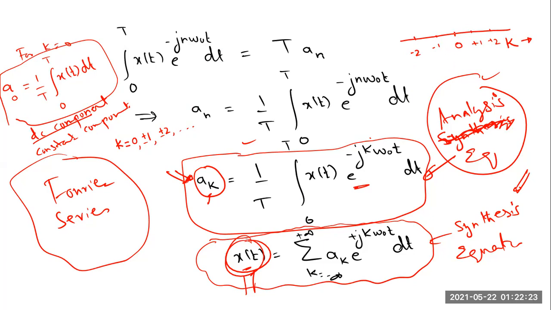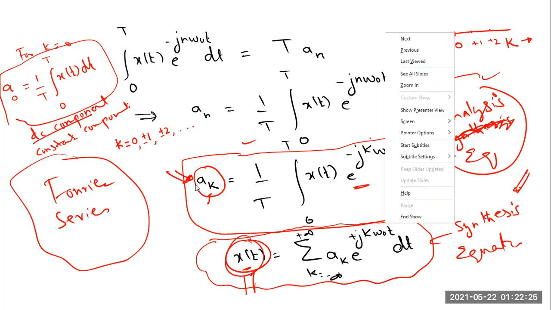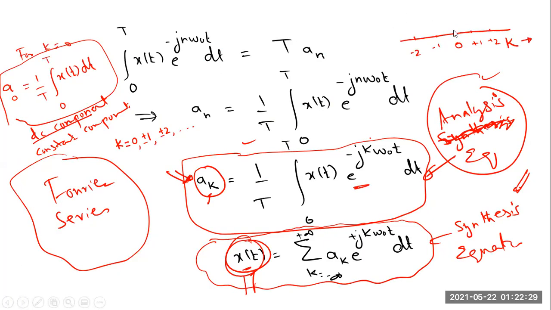So if you get some value of a naught, then you will draw a vertical line, depending upon the value of a naught. Similarly, if you get some value of a1, it may be positive or negative as well, then you will draw a line like this.